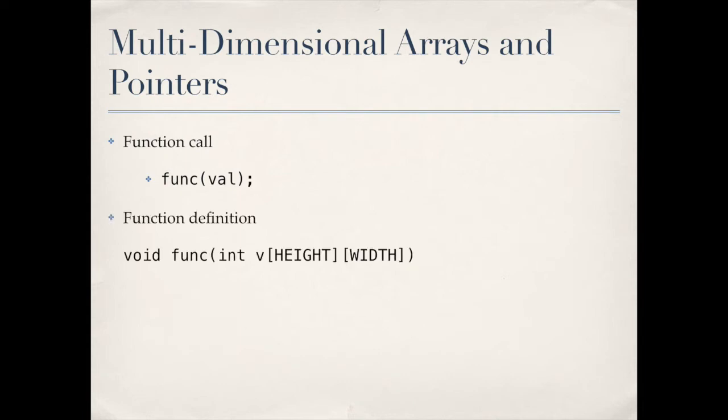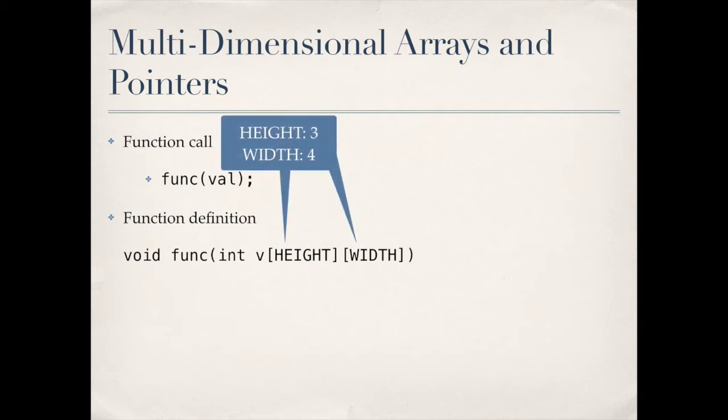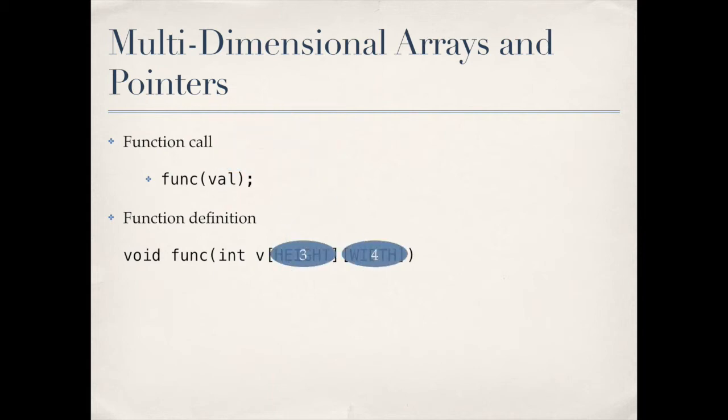Okay, for example, we have a two-dimensional array v of some height and width. You remember we had completely the same thing in the last session. And okay, we check out some concrete values, height being equal to 3 and width being equal to 4. How would this look?